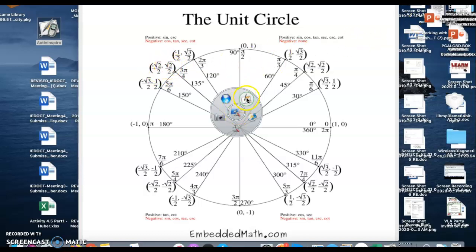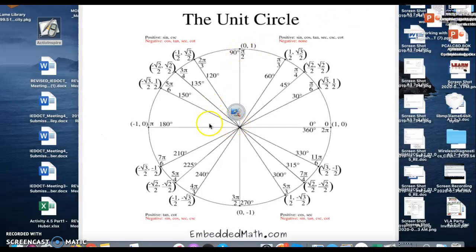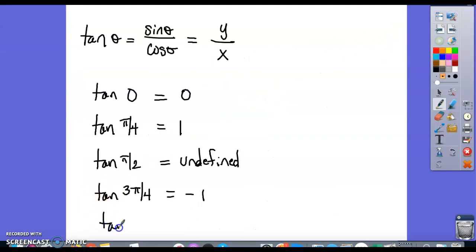So I'm going to include 3 pi over 4 here. Tangent of 3 pi over 4 is -1. And then tangent of pi is 0 over -1, which is 0.